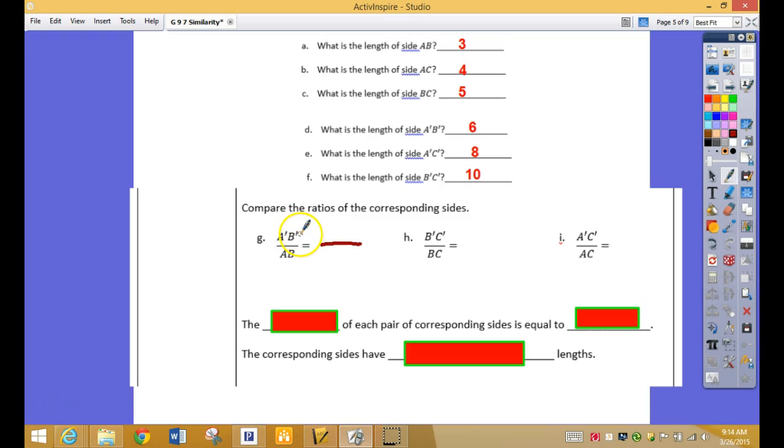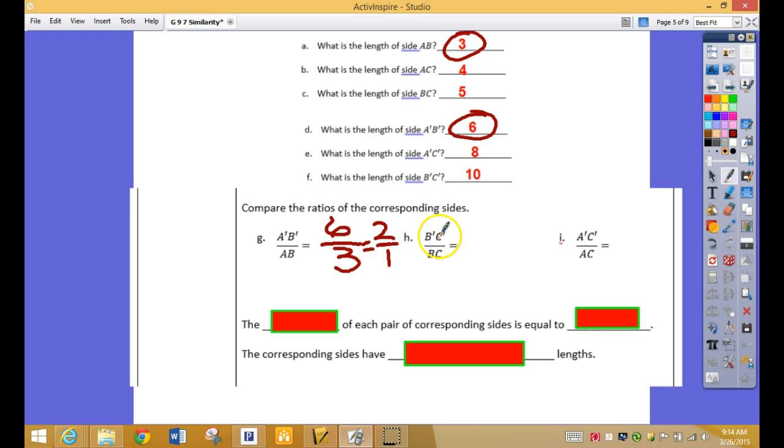What is AB prime? 6. So I have 6 to what? What's AB? 3. What does that equal? You simplify. 2 to 1, or just 2, right?